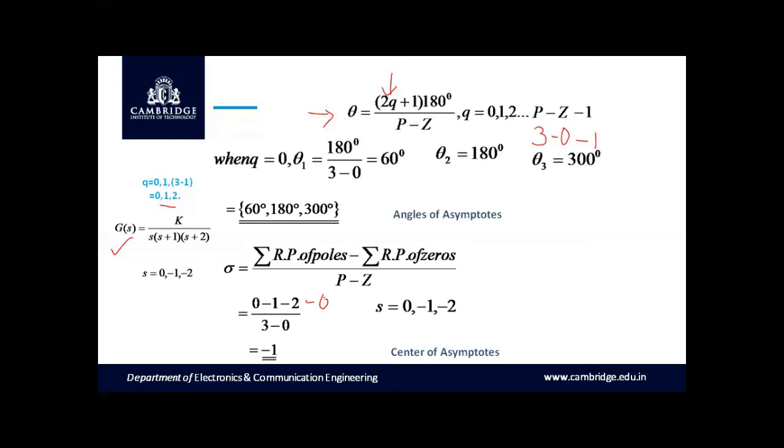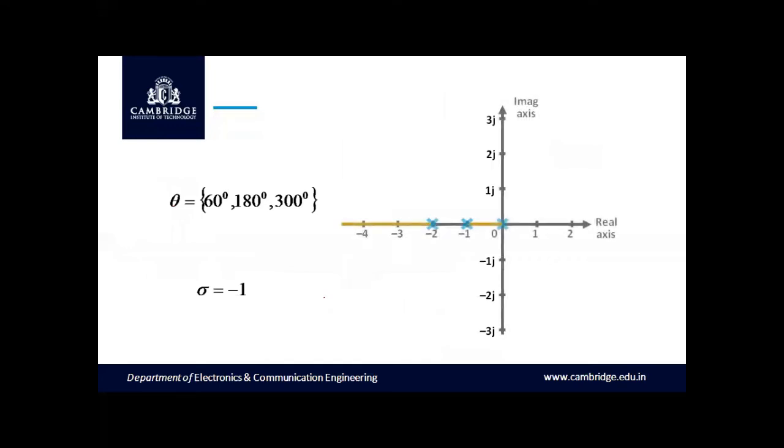So now we have to plot the angle of asymptotes in the S-plane with centroid as the reference. So let us plot this in the S-plane. We have taken the same example of G of S. Already we have plotted the poles and we have determined the existence of root locus.